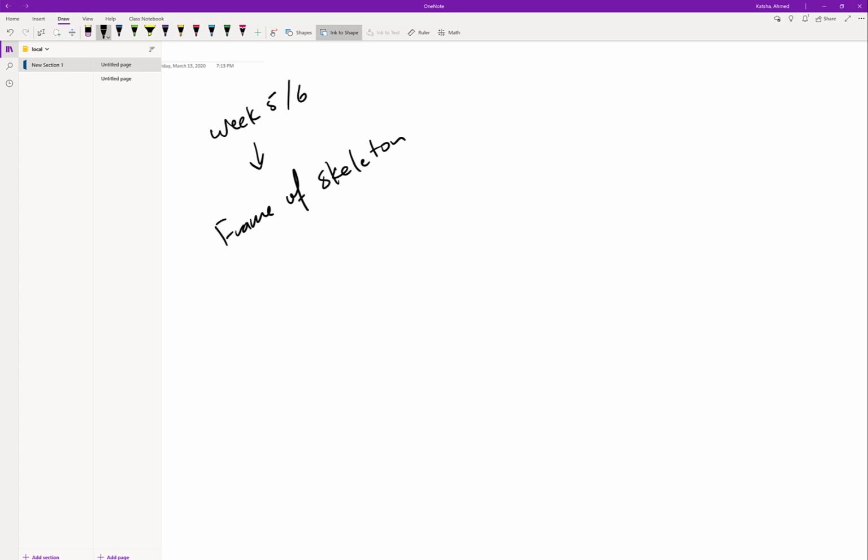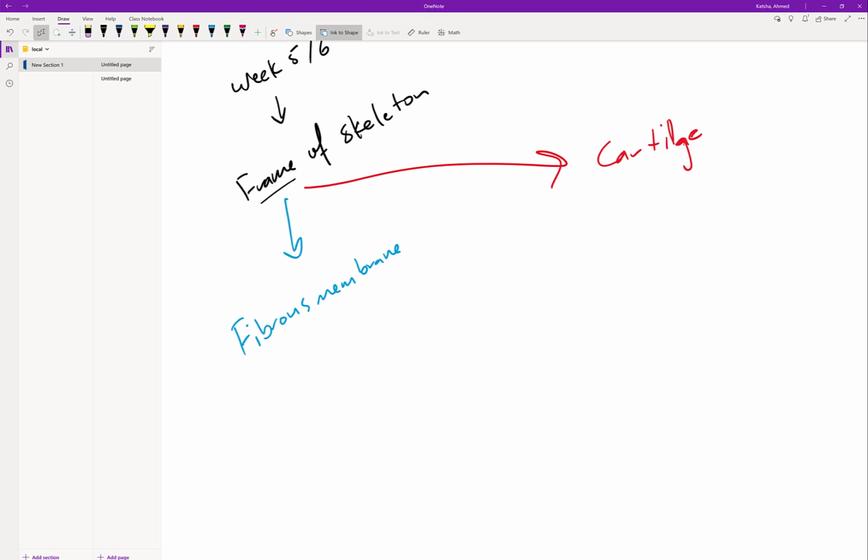And we said that frame would be one of two types. The first type would be fibrous membrane, okay, or it will be cartilage, right?